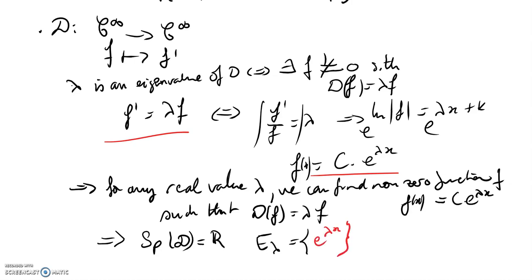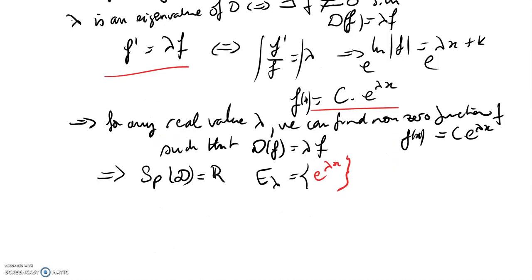So we've got an uncountable infinite number of eigenspaces, because it corresponds to all the real values.